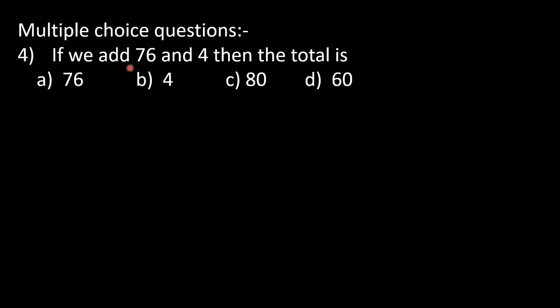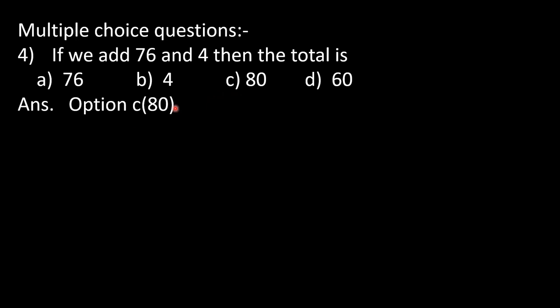So beta, first of all, we have to keep 76 in our mind. Okay, and open your 4 fingers. Now let's start counting forward. 77, 78, 79, 80. So our answer is 80 and that is in option number C. So option C is correct.